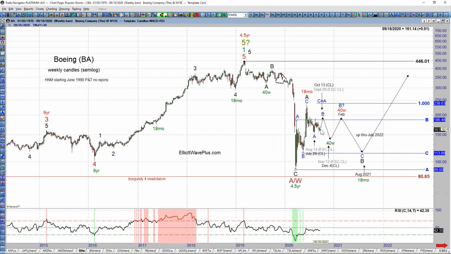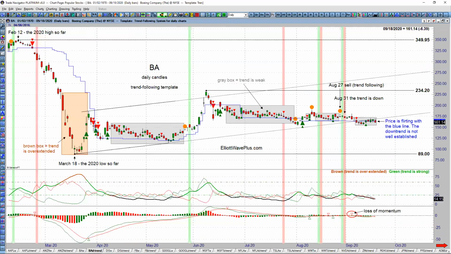So maybe a little bit more of a rebound here before it moves down into the fourth quarter. Boeing has been moving sideways. Now, it did dip below this very slightly up-slanting trend channel. Boeing is really not acting well. It's not trading well.